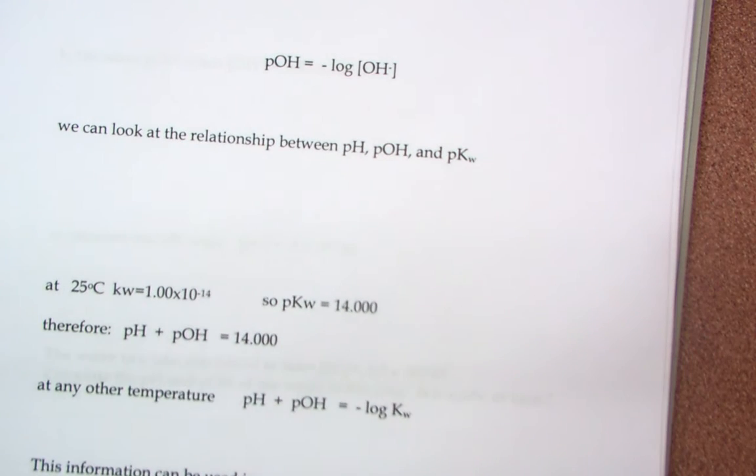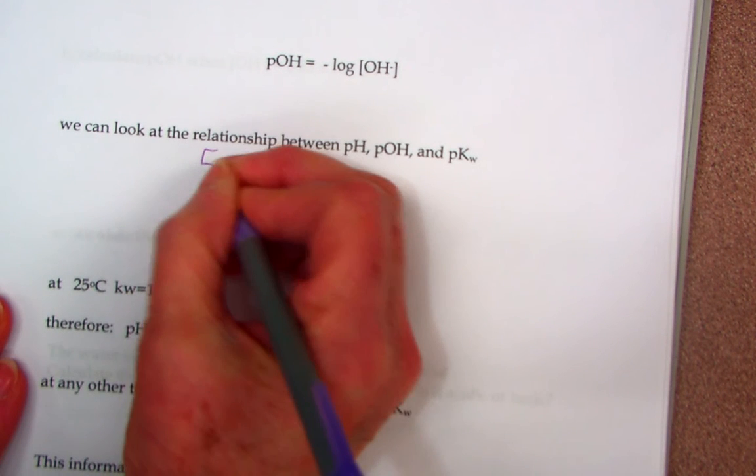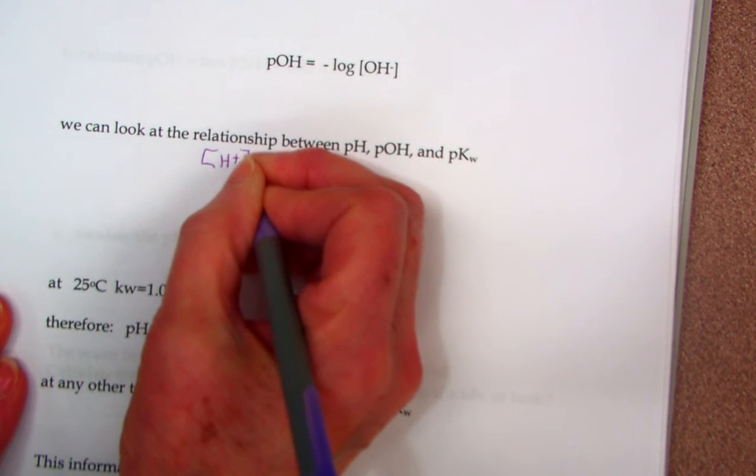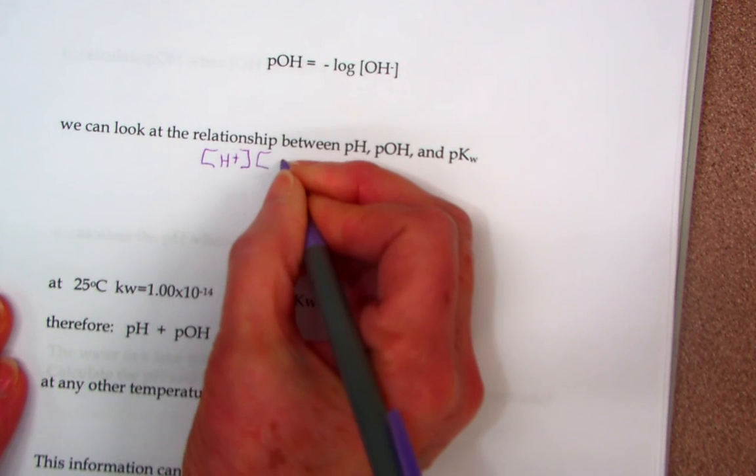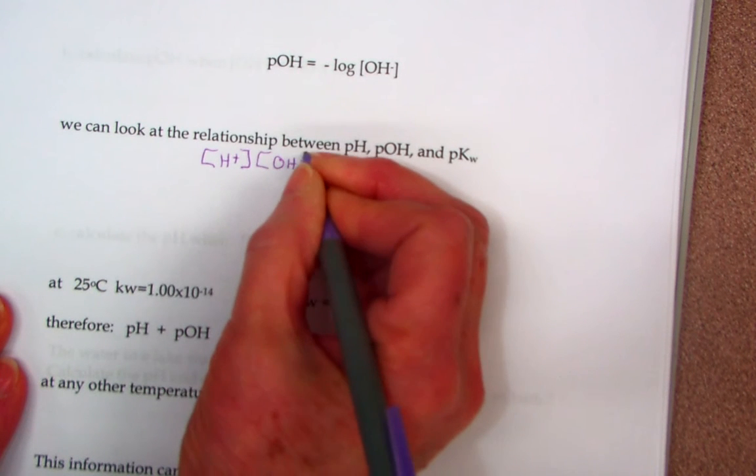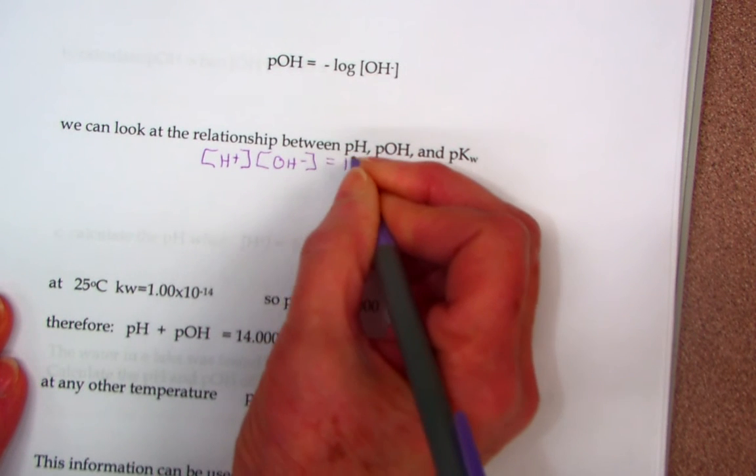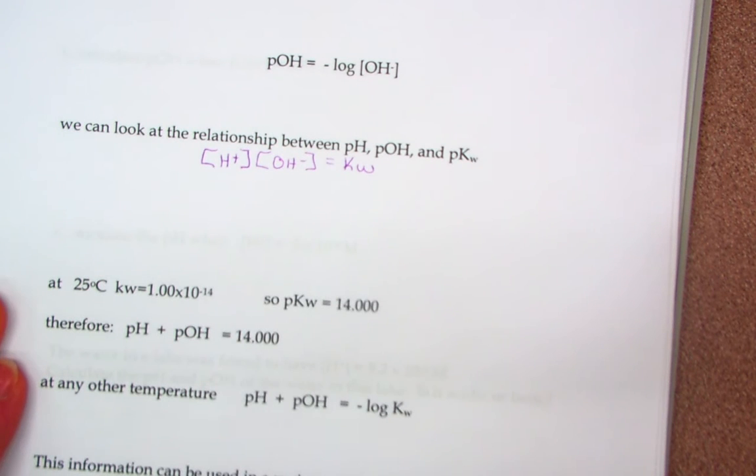Now, we can look at some mathematics to determine the relationship between the pH and the pOH and pKw. So we start off with our relationship. We've already established from our equilibrium expression for the dissociation of water that hydrogen times hydroxide is equal to Kw at any temperature.